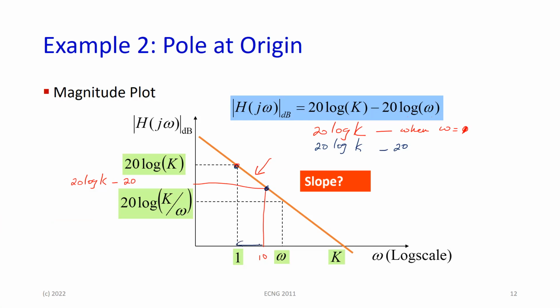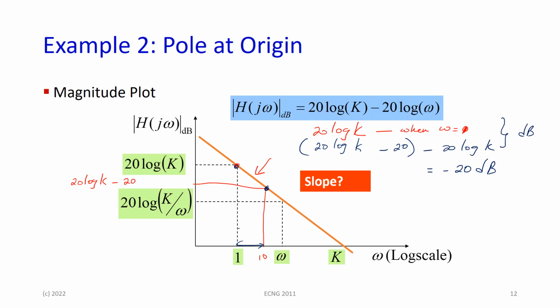Omega has gone from 1 to 10. So the difference is this minus 20 log K, which is equal to minus 20 decibels. You remember all of these are decibels, right?